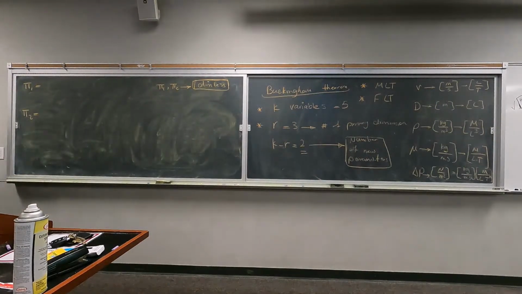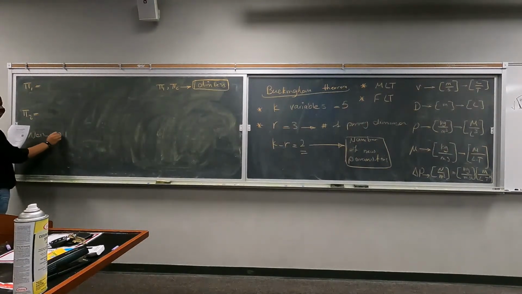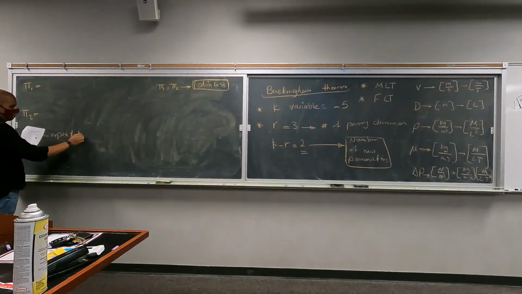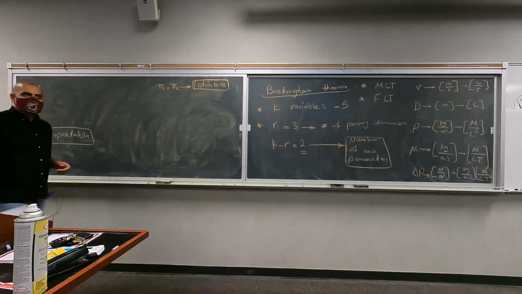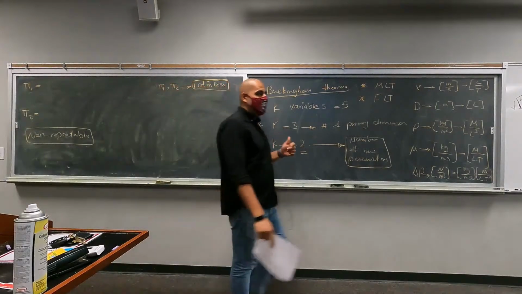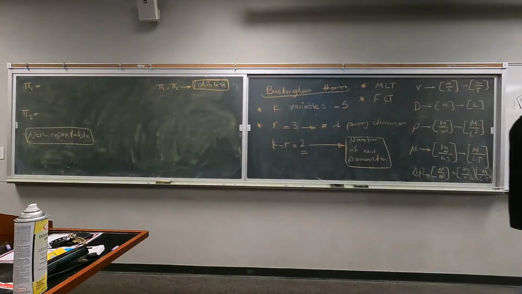Next step is to choose two parameters that are not going to be repeated, non-repeatable parameters. This is based on experience or, let's call it, luck. What does it mean? We have two dimensionless new parameters, and we already have 5 other parameters. So there is no way that these parameters won't be repeated in these two new ones, right?